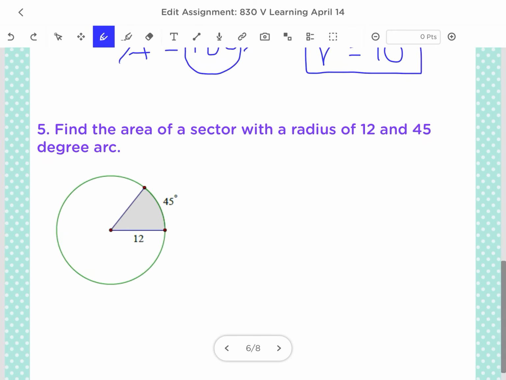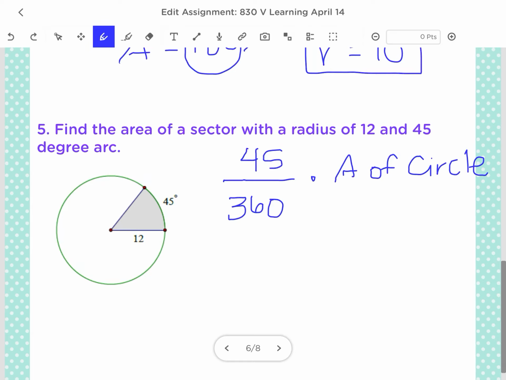The final problem on here is asking us to find the area of the sector that has a radius of 12 and a 45-degree arc. Just remember that to find the area of a sector, it's going to be the fractional piece out of 360 times the area of the circle. Since I know that this is a 45-degree arc, it's 45 out of 360, and the area of the circle is pi times the radius, which in this case is 12, squared.